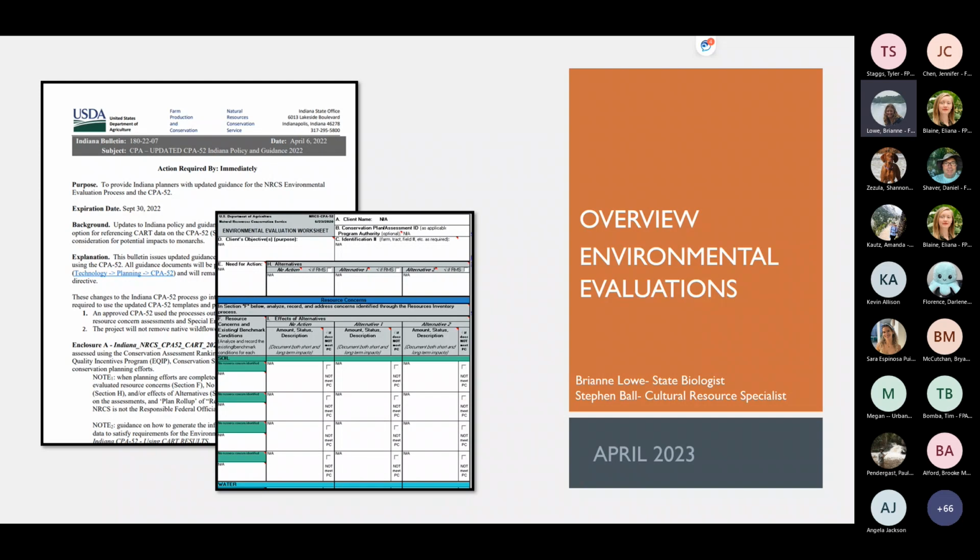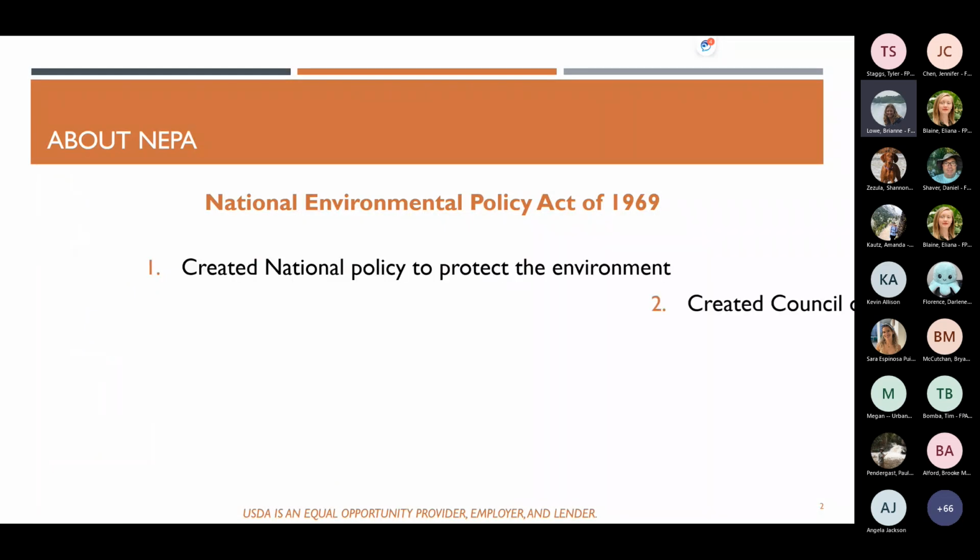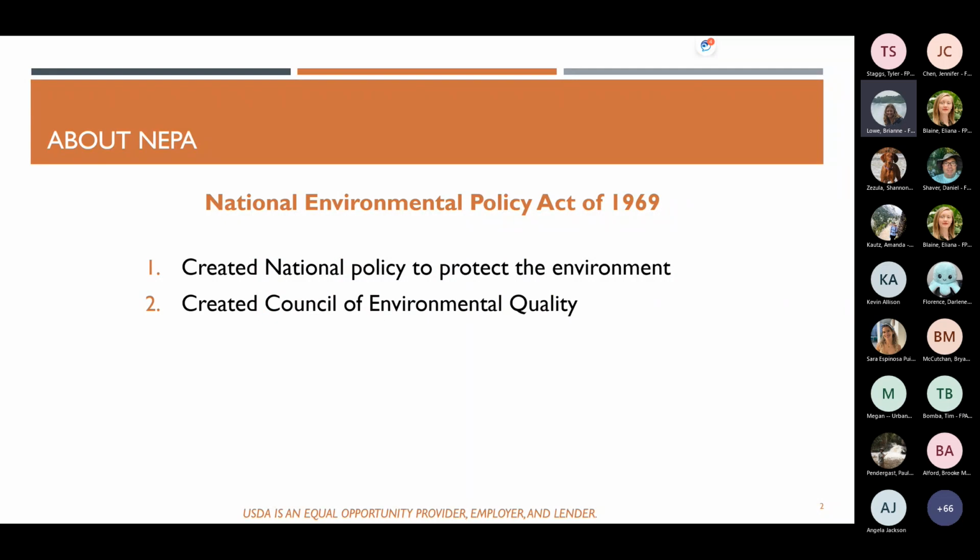So we're going to dive into what the CPA 52 and NEPA requires, and like I said, it's going to be pretty high level. The National Environmental Policy Act of 1969, or NEPA, created a national policy to protect the environment. It was created by the Council on Environmental Quality and then later adopted by agency regulations so that each agency could determine how they were going to implement NEPA.